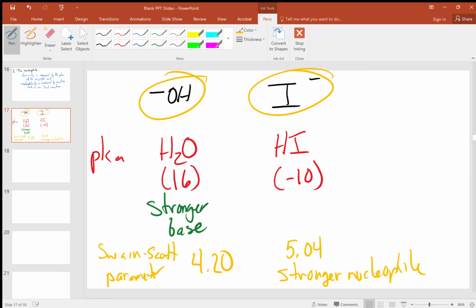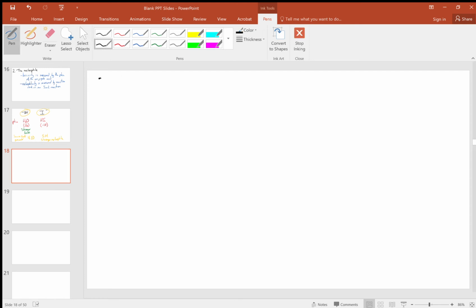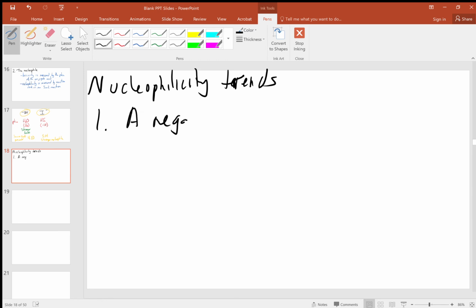So are there trends that we can look at that will allow us to predict nucleophilicity? The answer is yes. They might not be as simple to follow as other trends we've looked at in this course, but there are some general trends. The first one is that negative is going to be better than neutral.